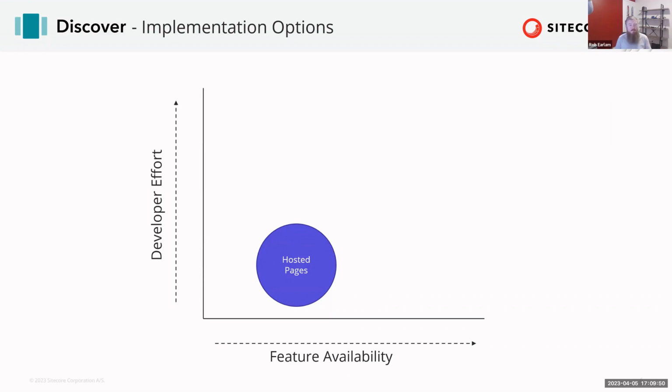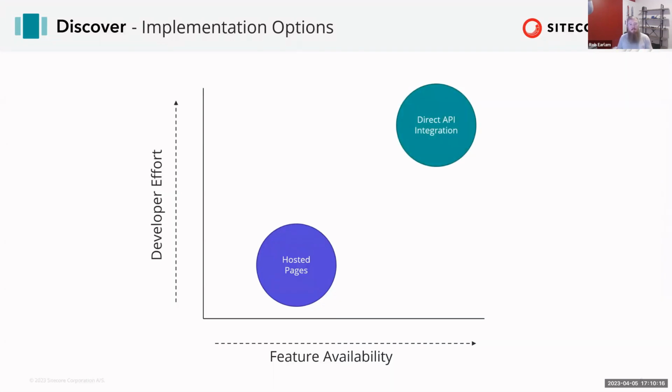Once the developers implemented that, the merchandiser can log into the CEC and control everything on those pages themselves. However, that ease of implementation does come with a drawback. You'll notice that we're not as far along the horizontal axis here. Because it's so easy to implement, you don't quite have the full feature set of Discover available to you. So that's the drawback of going for that approach.